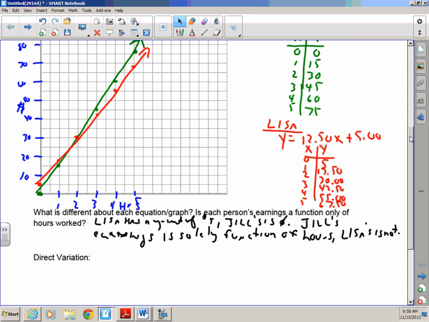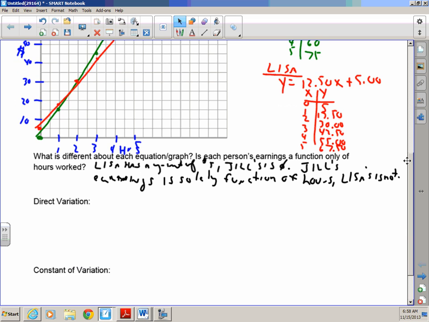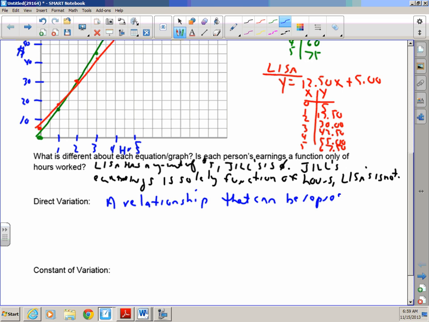And the reason I've put these two here is to contrast the two, because a direct variation in math is a relationship that can be represented by the function y equals kx, where k is not 0.